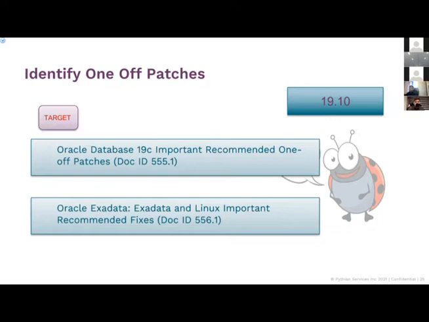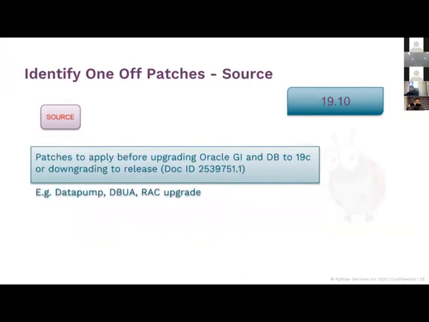And here's the thing, you don't only need to look at the target, where you want to upgrade or migrate to 19C. Our concentration would be on the 19C environment, but that's not the only thing we need to worry about. You should also take a look at your source, because the migration tools that you're using, many a times those tools also have a lot of known bugs or known issues associated.